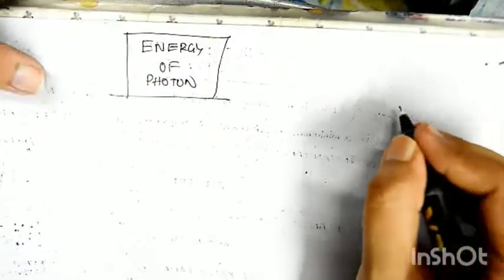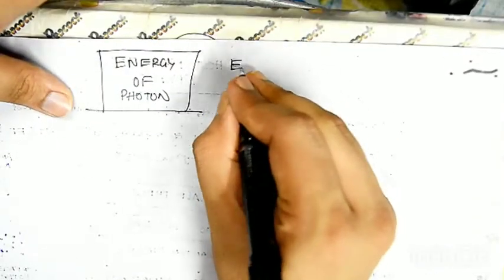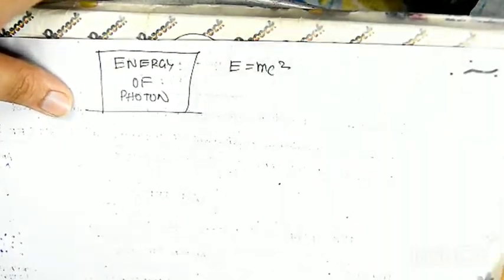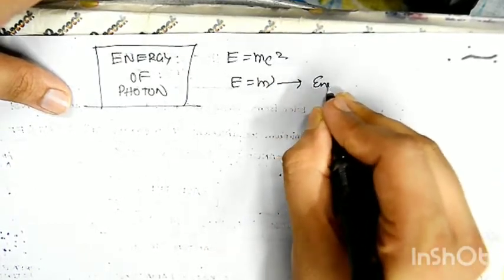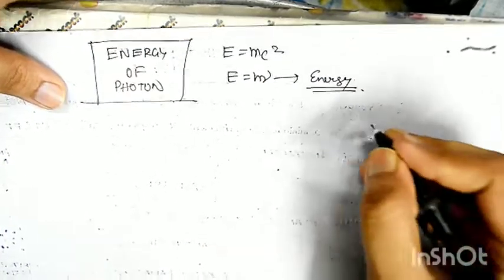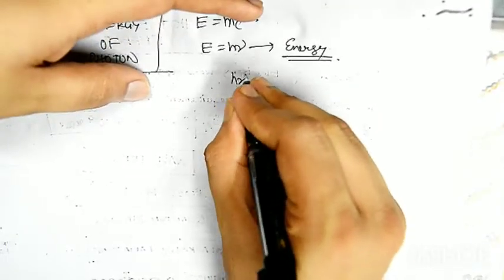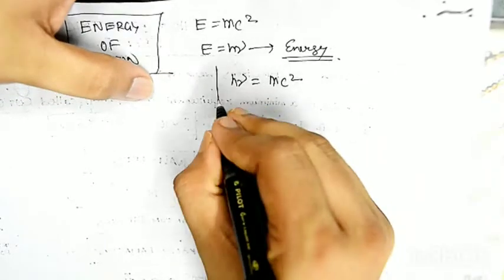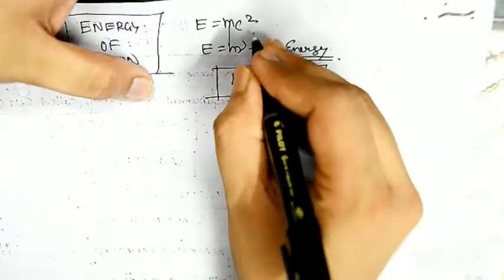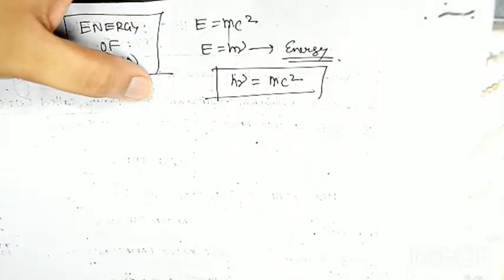You know Einstein's energy equation, E equals mc square, and we got E equals h nu as the energy of photon. So I can write h nu equals mc square. I'm just equating these two.